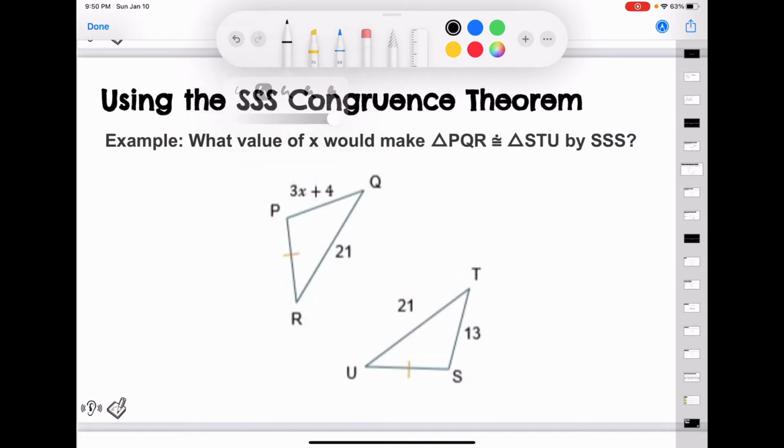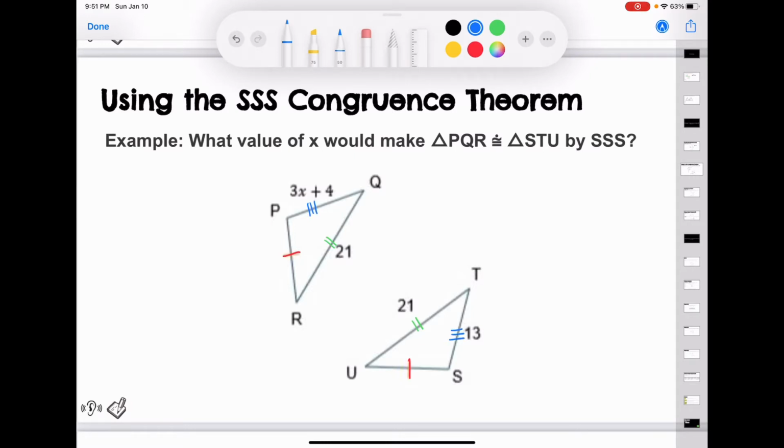So if we're trying to prove it using the side-side-side theorem, we must determine that all 3 of our sides are congruent to each other. So we see that this one is congruent to this one. And you see here this is 21 units as well as this. So those would be congruent to each other. And thus we're left with our last side, which means that this one is congruent to this one.